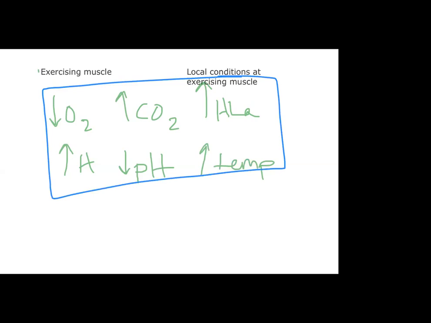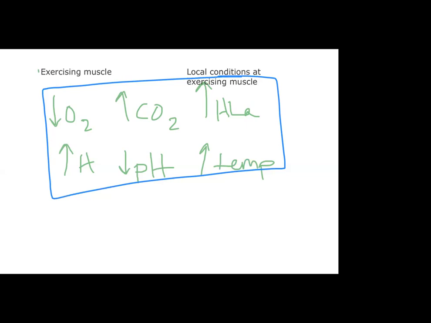So these conditions at the exercising muscle, in the blood at the exercising muscle, are sensed by a sensory receptor. Anybody remember which sensory receptor would sense these changes in the blood? Chemoreceptors. Chemoreceptors sense chemical changes in the blood.